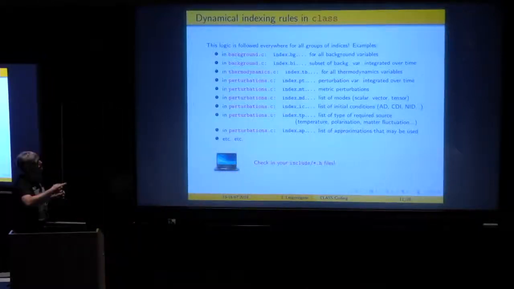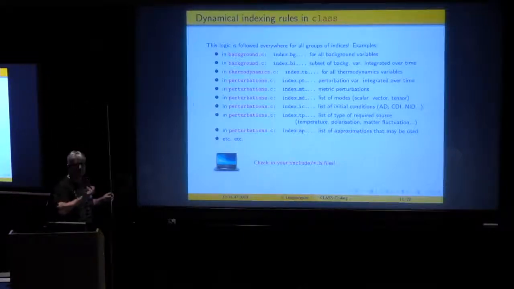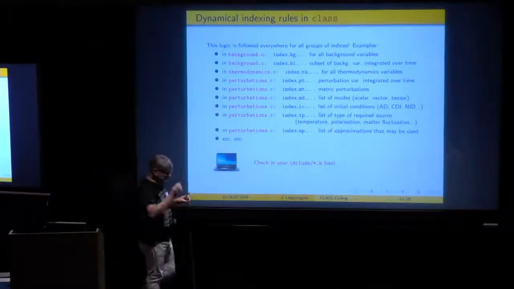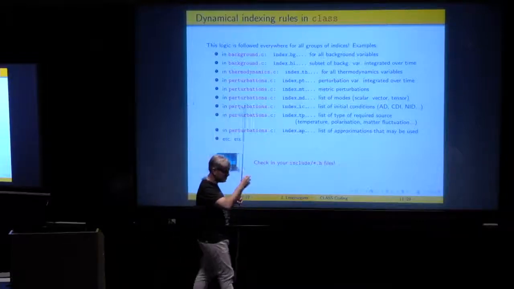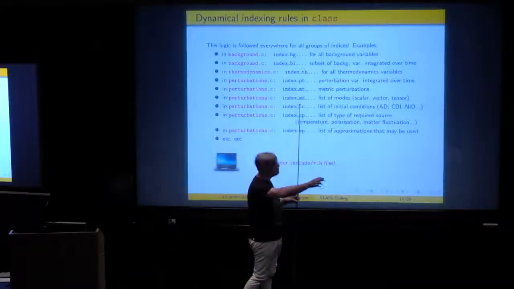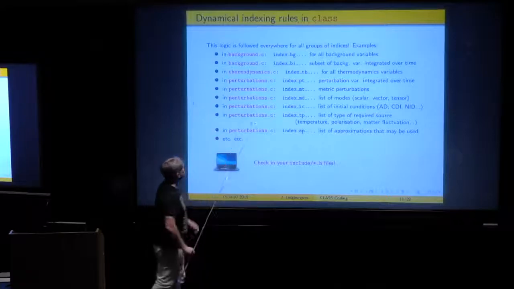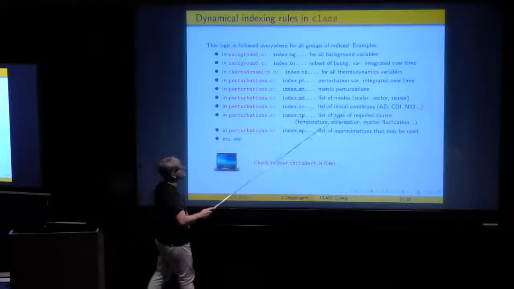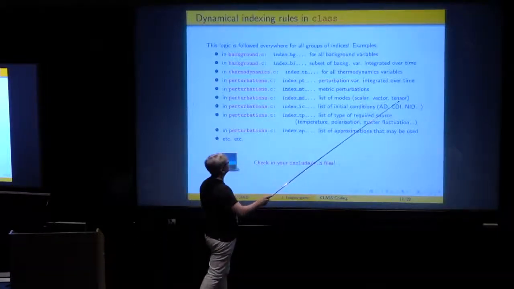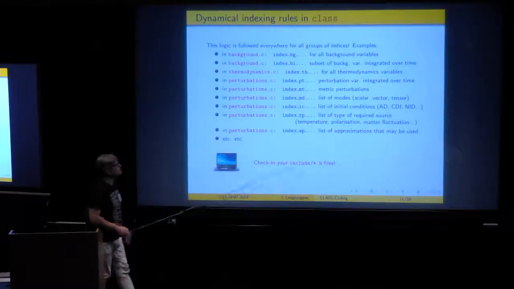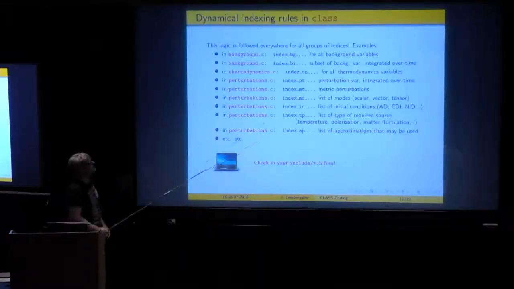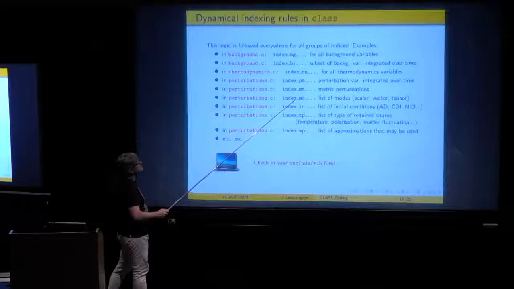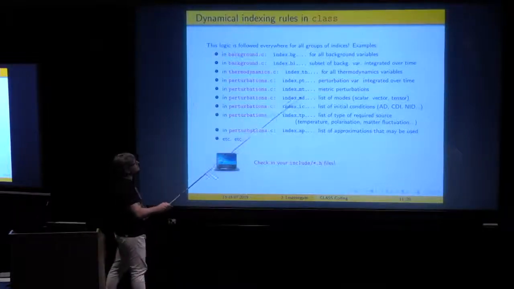Then we need to loop over scalar, vector, tensor modes, initial conditions, and the type of sources we want to compute: the source for CMB temperature, CMB polarization, matter power spectrum. So we need other lists of indices. Index MD is the index over the modes: scalar, vector, tensor. Of course, if you do simple cosmologies with only scalar modes, the only one that will be assigned will be index mode scalars.